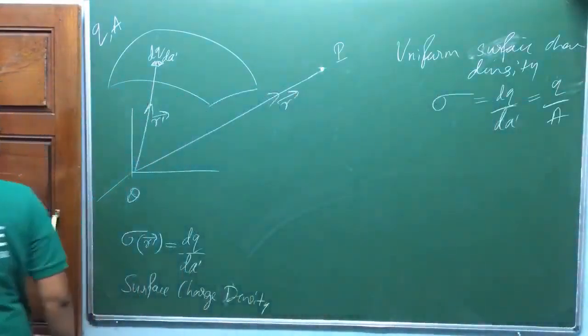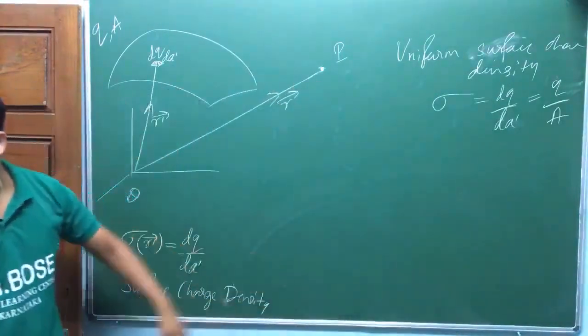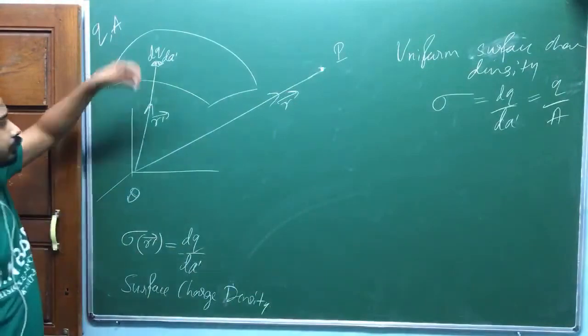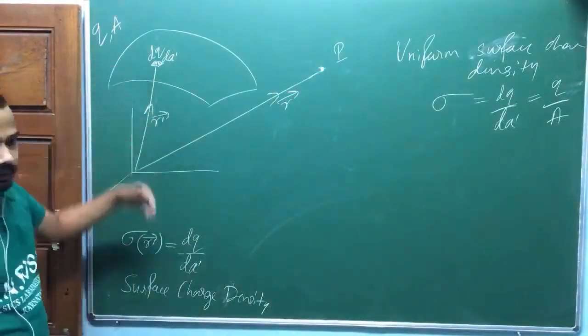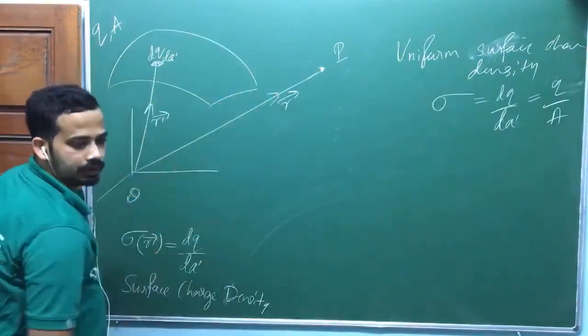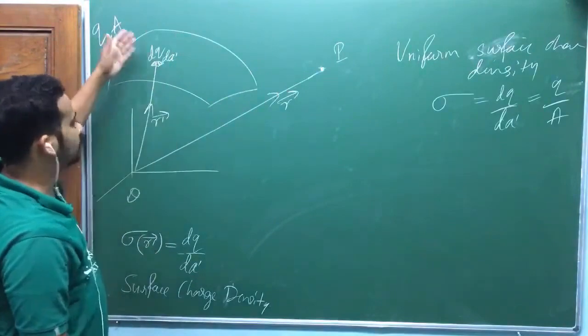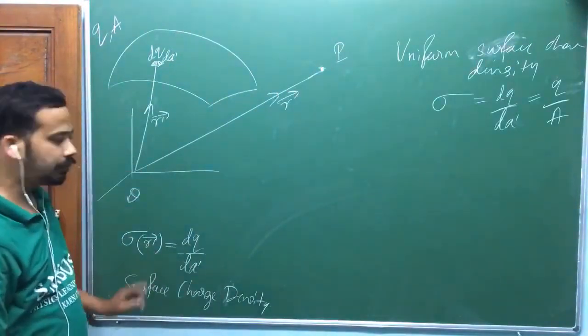Just like in the case of uniform mass distribution, you can choose a small portion and take the ratio of charge divided by area, or take the whole surface, total charge divided by total area. In that case it is constant, independent of r prime.